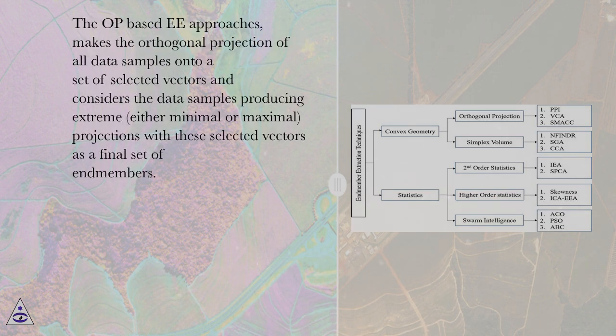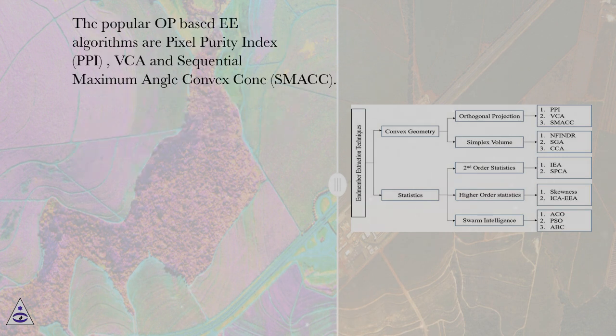The OP-based EE approaches make the orthogonal projection of all data samples onto a set of selected vectors and consider the data samples producing extreme, either minimal or maximal, projections with these selected vectors as the final set of endmembers. The popular OP-based EE algorithms are Pixel Purity Index, PPI, VCA and Sequential Maximum Angle Convex Cone, SMACC.